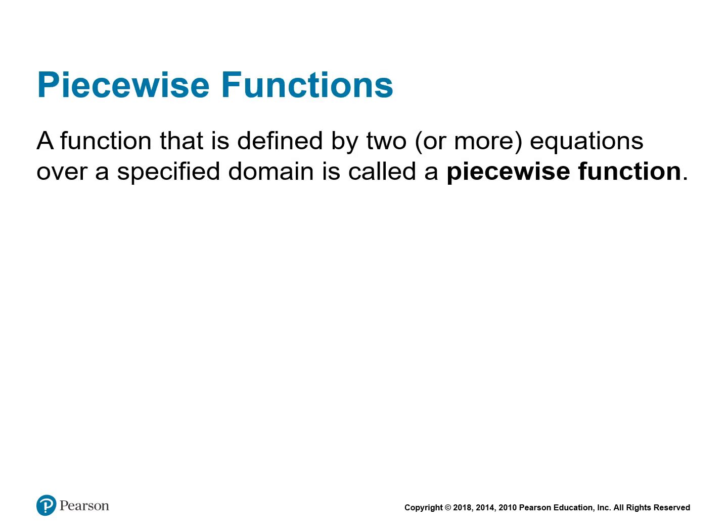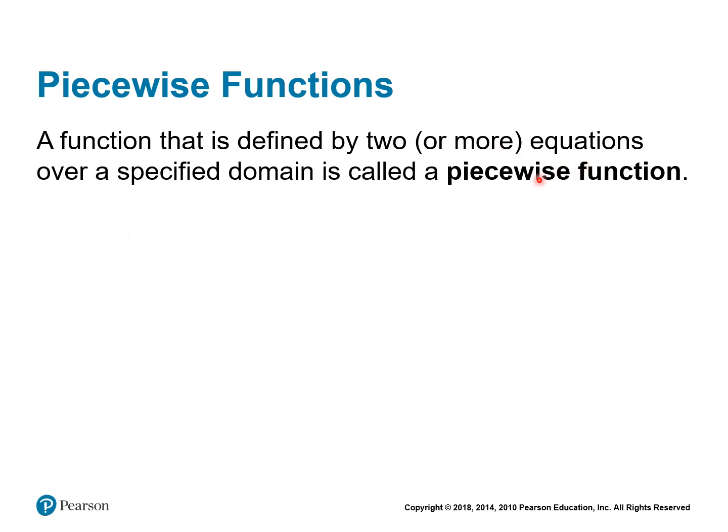Now we go into a different topic called a piecewise function. A piecewise function is one which has two or more equations, and those equations are specific for different x values or a range of x values.